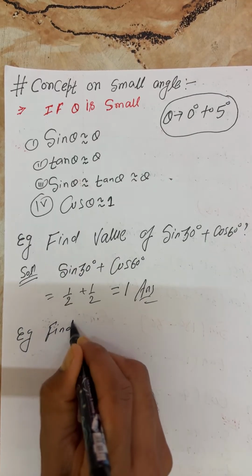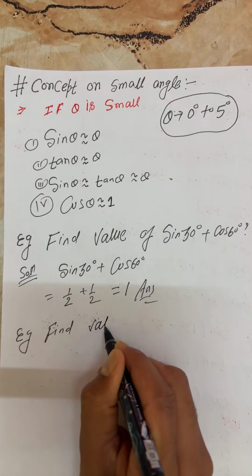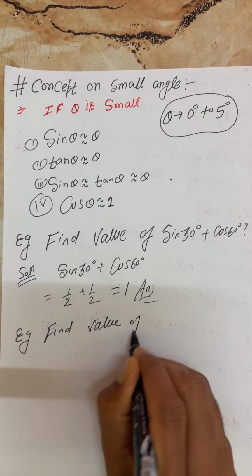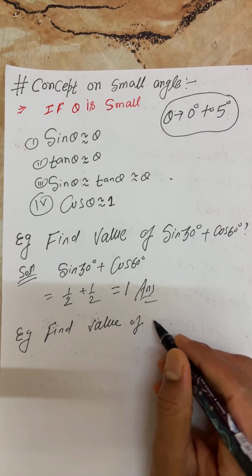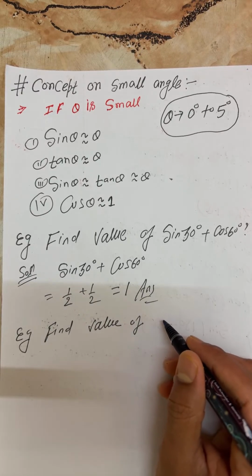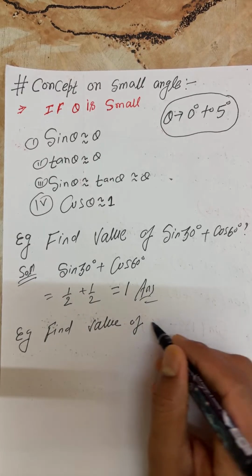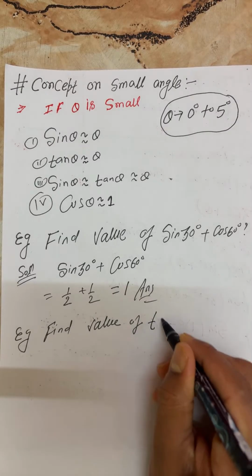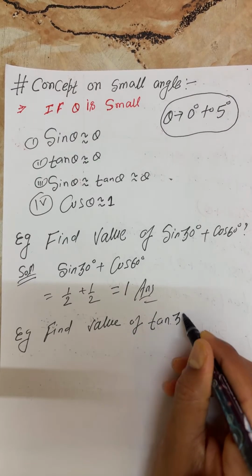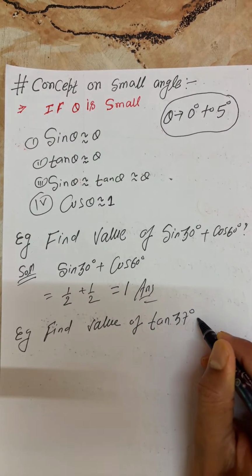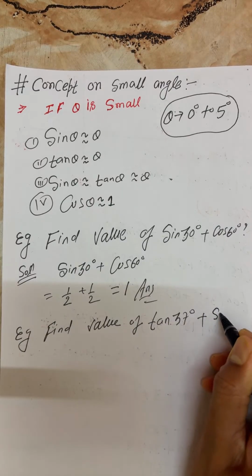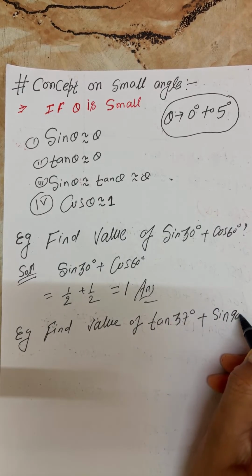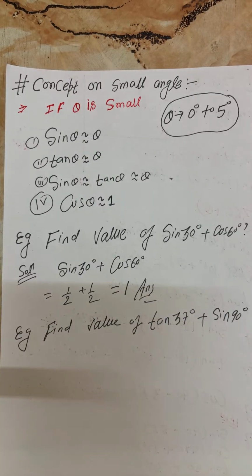Find the value of, kids, tan 37 degree plus sine 90 degree. My kids, tan 37 degree plus sine 90 degree.